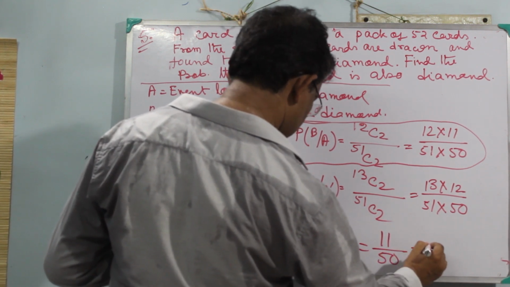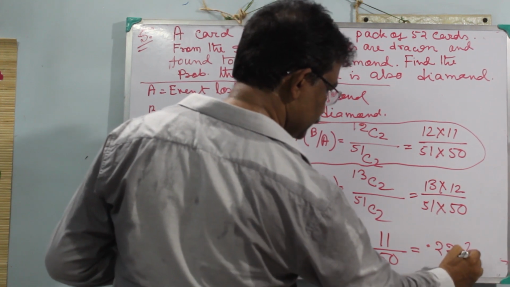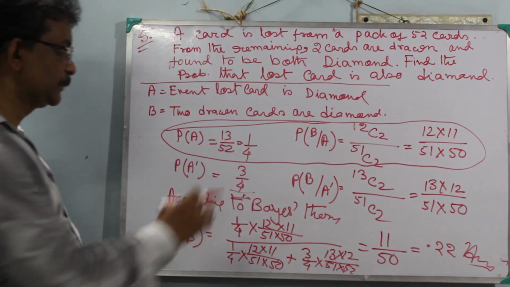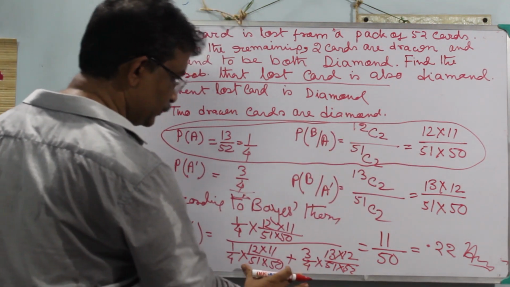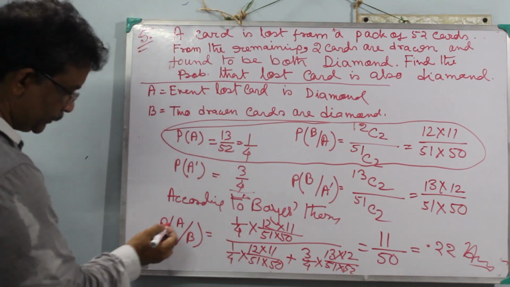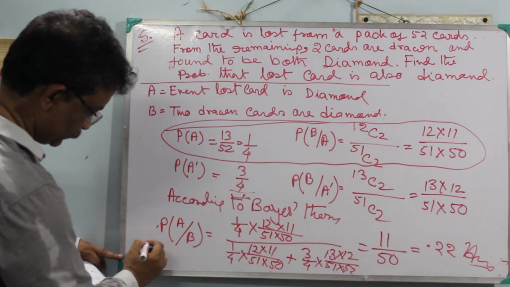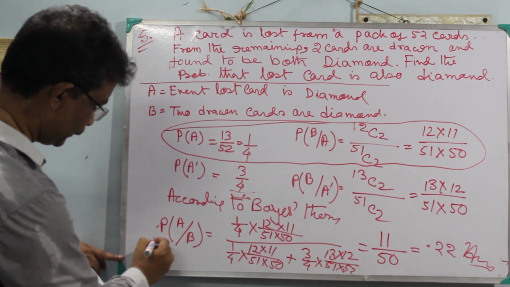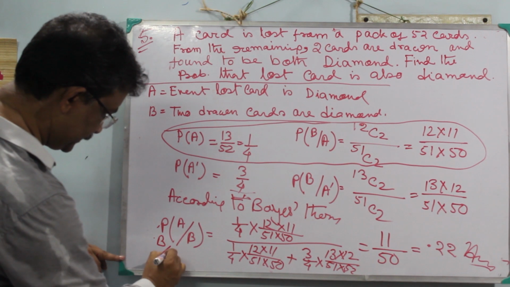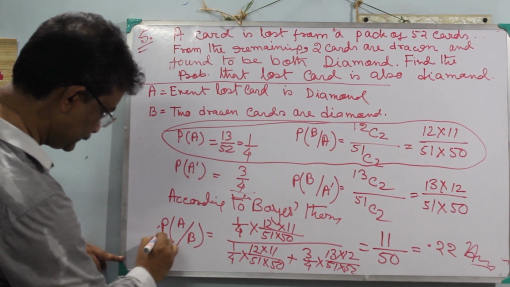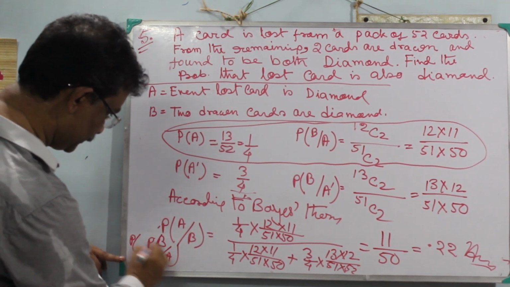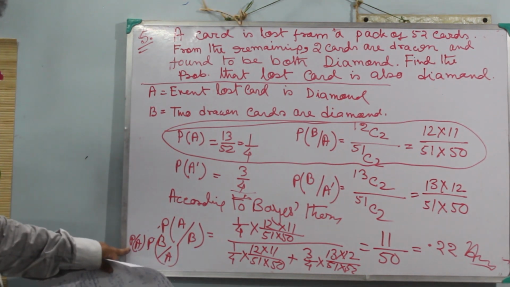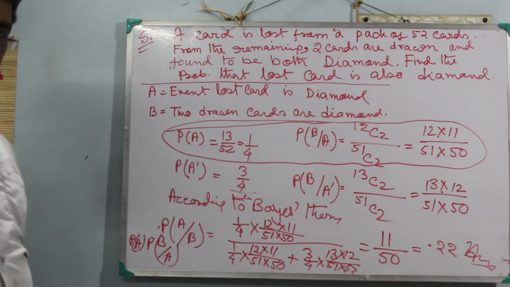That means 0.22 is the answer. Here, this into this as numerator. What is the probability of A when B has occurred? So it will first flip. So what is the probability? B by A and into probability of A, probability of A being multiplied. Clear?